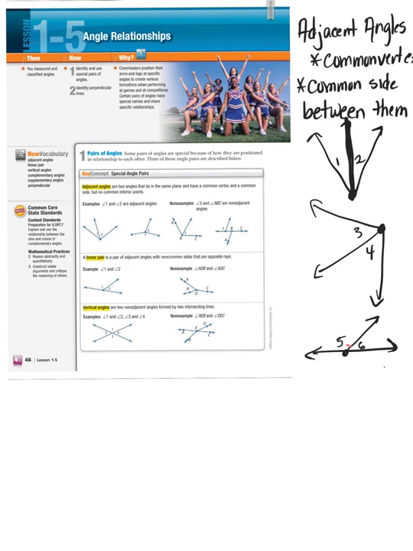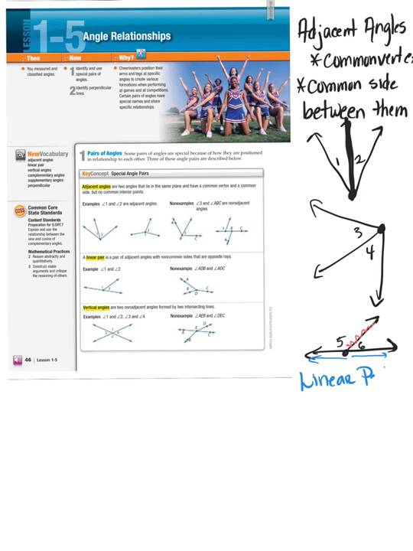You've got this common side between them, so they're adjacent, but look what's going on with their non-common sides. Their non-common sides form a straight line. Those have a specific name. These are called a linear pair.